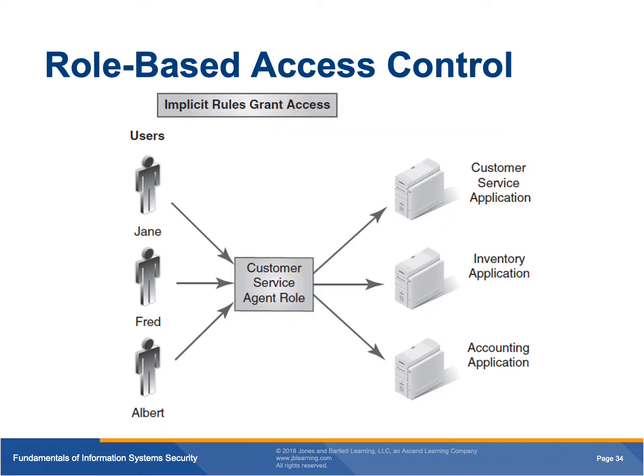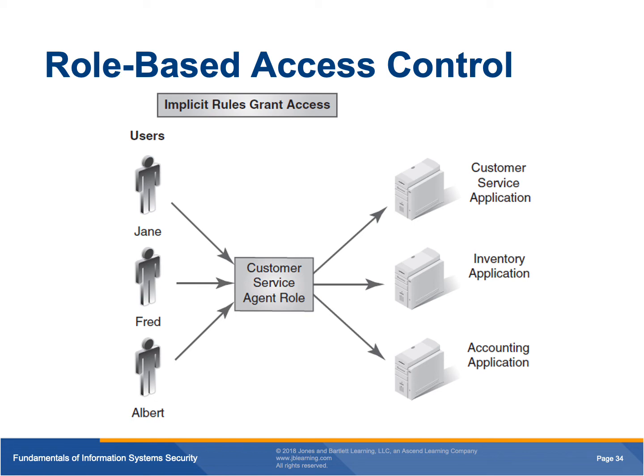So in an RBAC environment, role-based access control, we would have implicit rules that are given to different users. Through the customer service agent role, these users have this role, and because they have this role, they have certain functions.